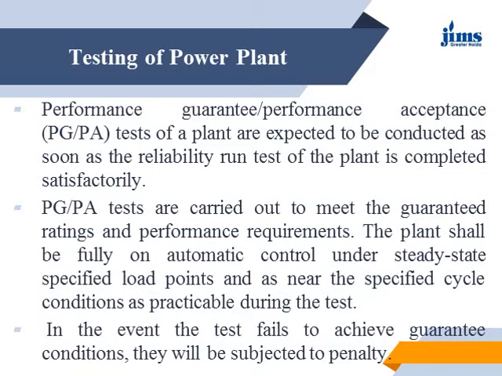So these are known as the performance guarantee and performance acceptance. And whoever fails to achieve the guarantee condition will be subjected to penalty. A penalty can be imposed over the management.